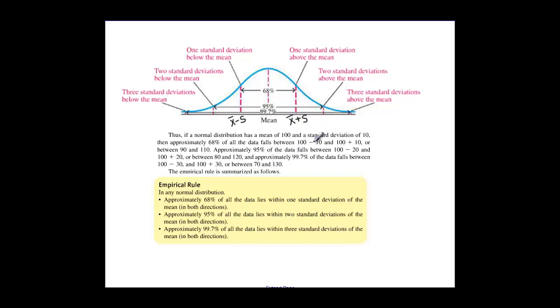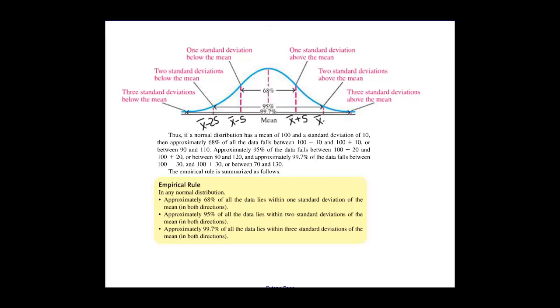And then 95% of the data lies between two standard deviations of the mean in both directions. So here that would be the mean minus two standard deviations, and here this is the mean plus two standard deviations.